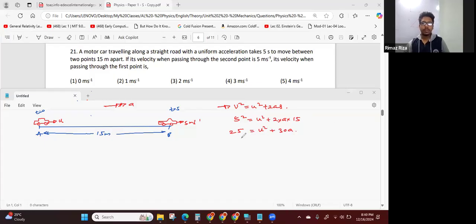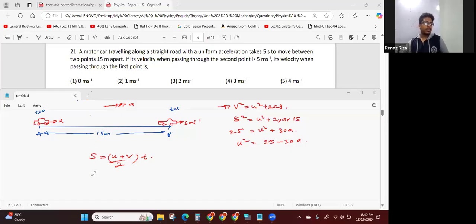So therefore we can write u squared is equals to 25 minus 30a. Yeah, so here we can directly find the initial velocity by using this equation: s equals u plus v over 2 into t.